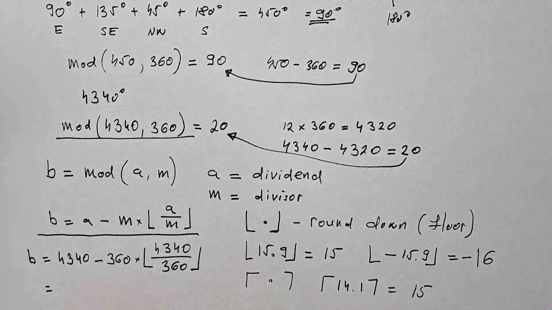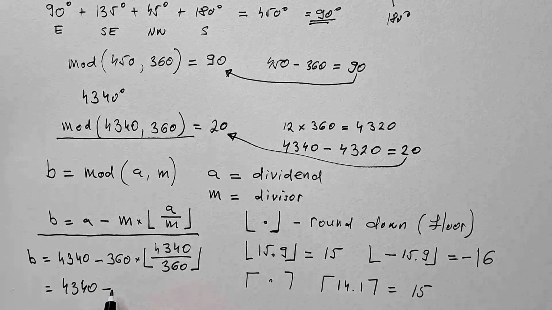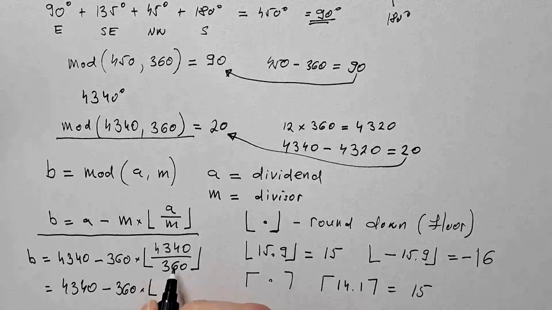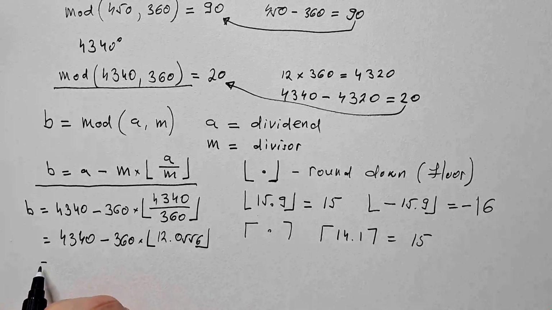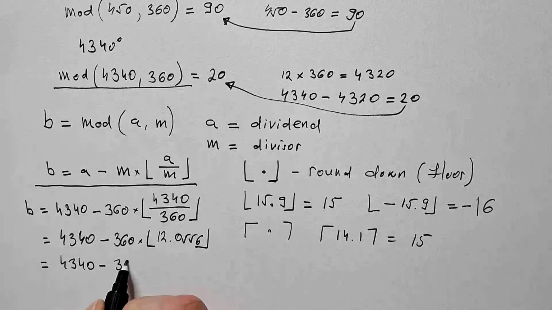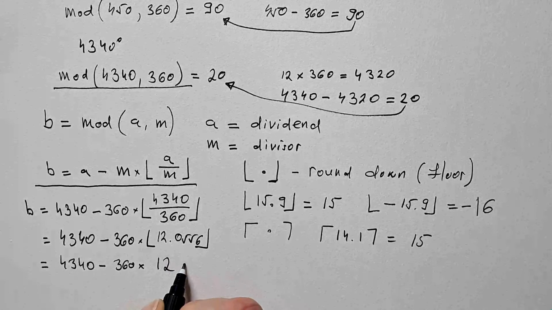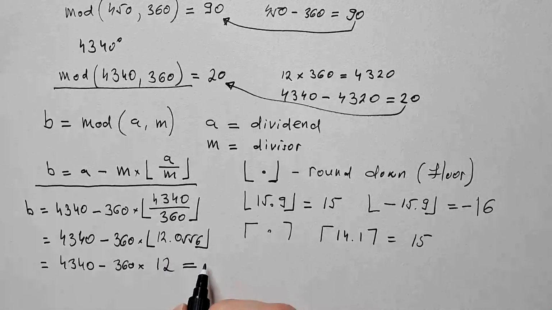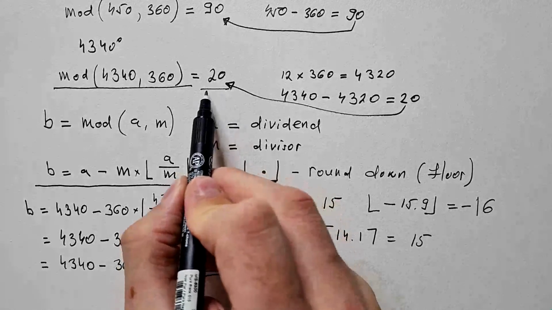That would be 4340 minus 360 times, if you make this division, you will get 12.0556, and that is equal to 4340 minus 360 times, I round down this to 12, and that is equal to exactly 20, if you make this calculation, which is the result that we obtained here.